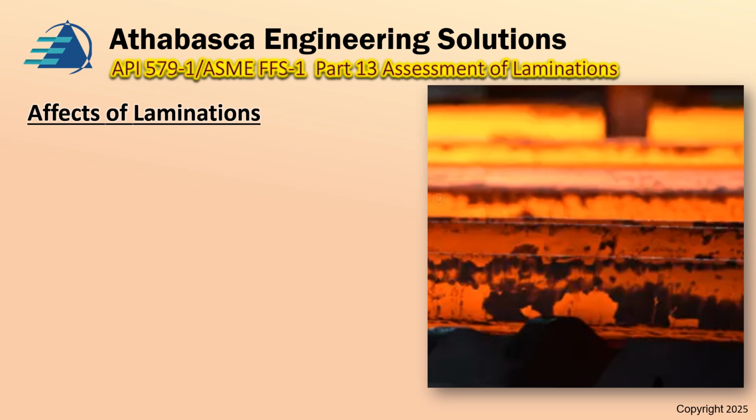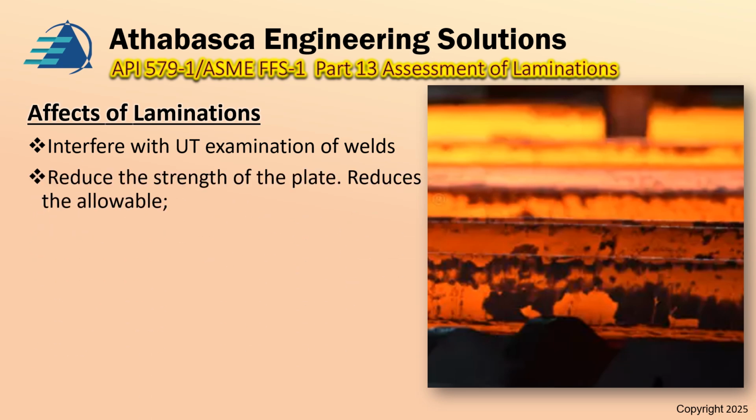Now let's look at the effects of laminations. First of all, it can interfere with UT examinations of welds. Secondly, it can reduce the strength of the plate and reduce the allowable bending stresses.